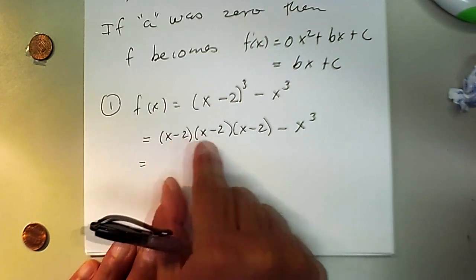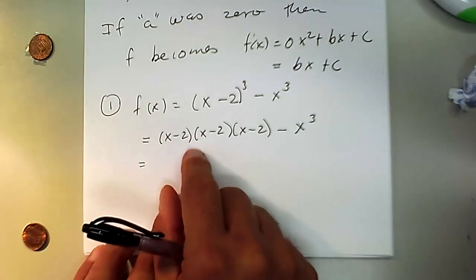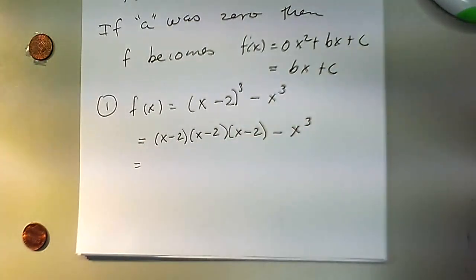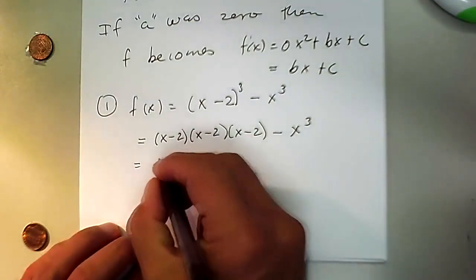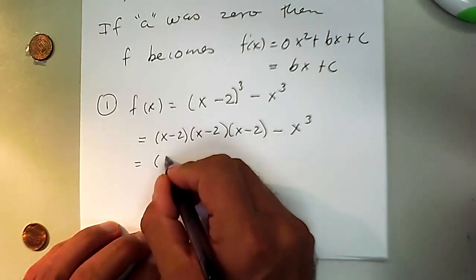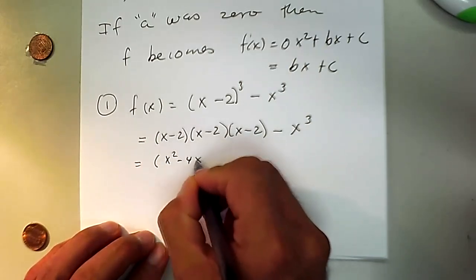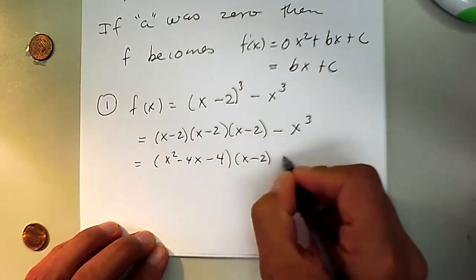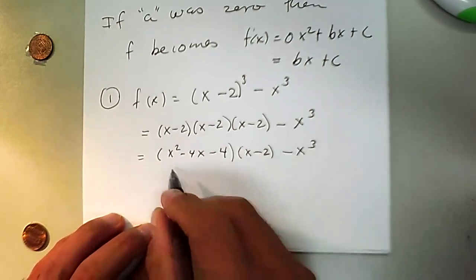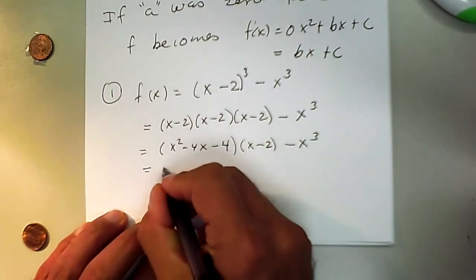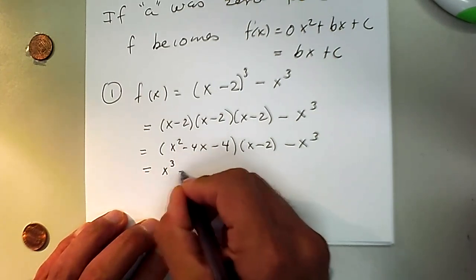Please, in your notebook, try to go through the steps of this. Multiplying the first two gives us x squared minus 4x plus 4. And then we still multiply by x minus 2 and take away x cubed.